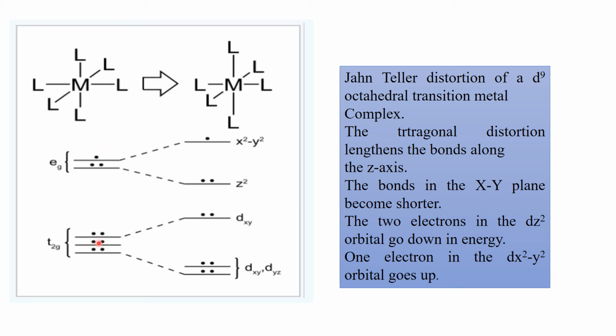That is a case of d9 complexes. The Eg level contains 3 electrons. That is, these are unevenly filled. Due to uneven filling in the Eg level, Jahn-Teller distortion occurs in this complex. That is, dz square contains 2 electrons and dx square minus y square contains 1 electron.